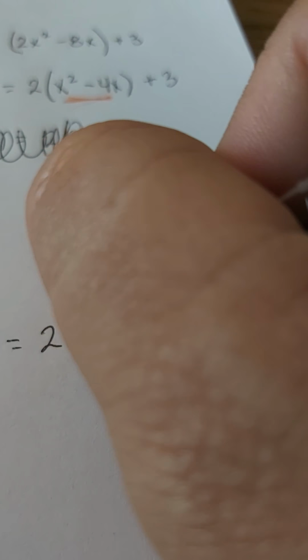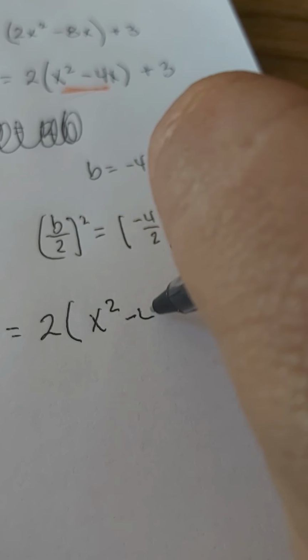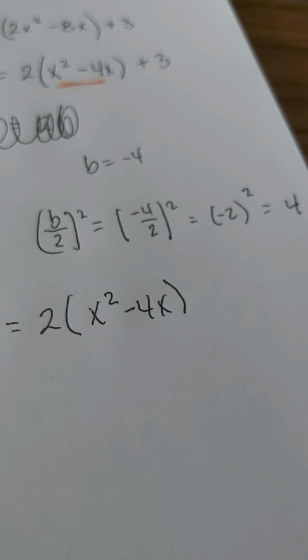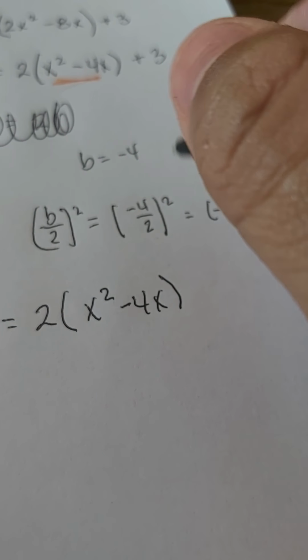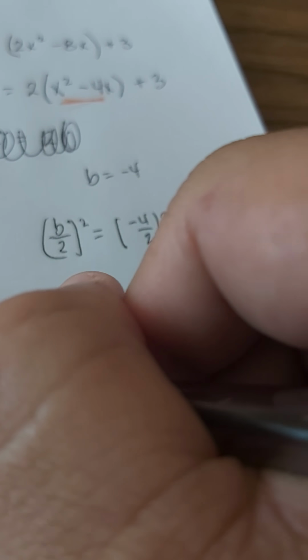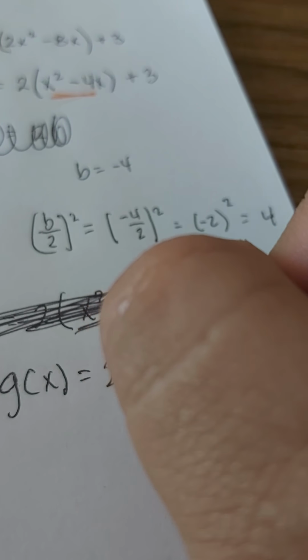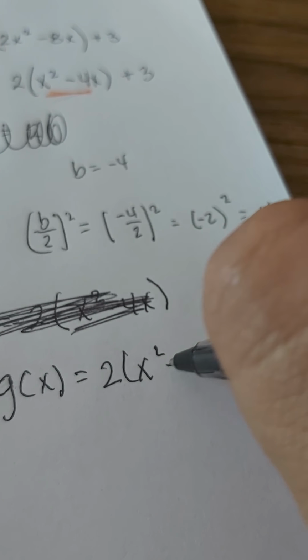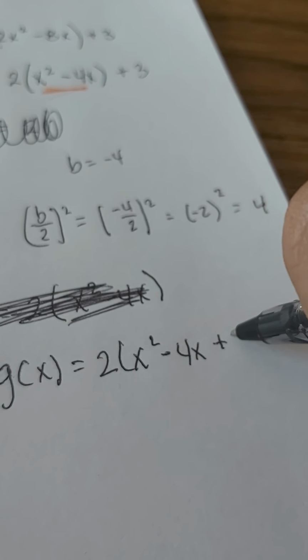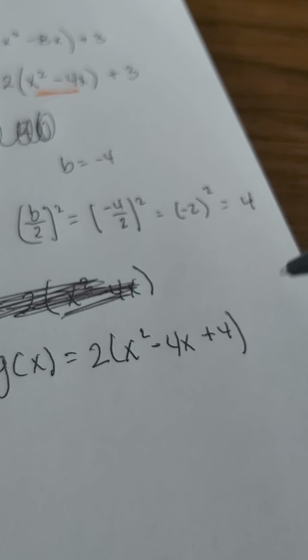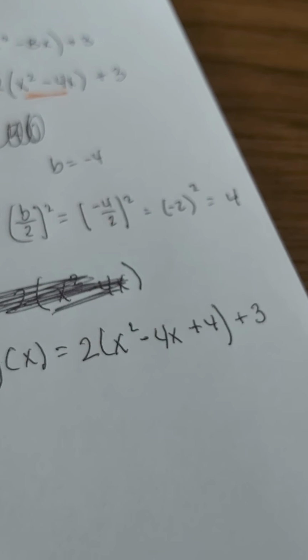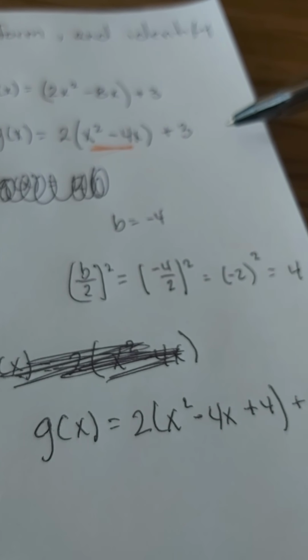So now we have g of x equals 2 times x squared minus 4x plus 4, plus 3.